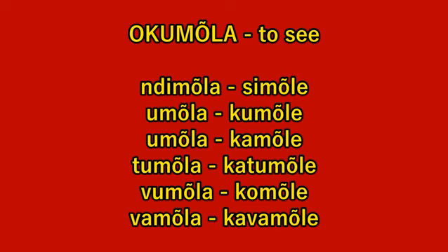Let's take a look at the verb okumonla, which is the verb to see. Here we see it conjugated in the present tense, in the affirmative and in the negative forms. Ndimonla, I see. Simone, simonle, I don't see.